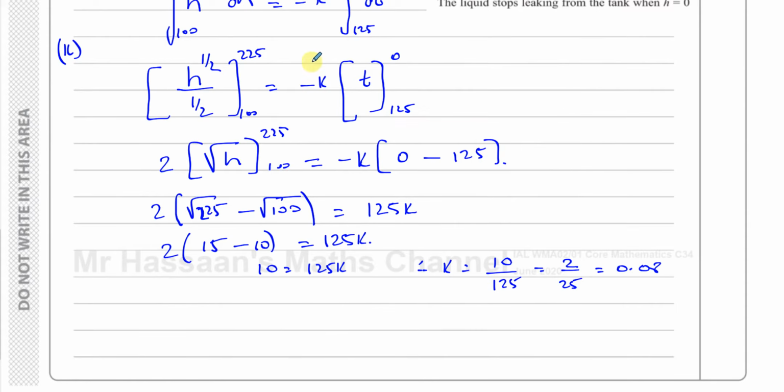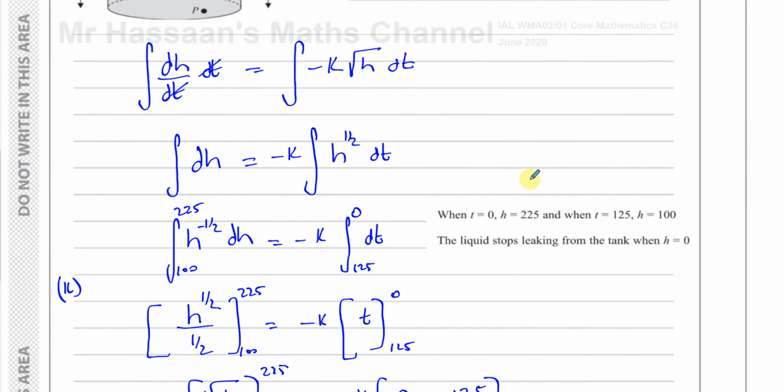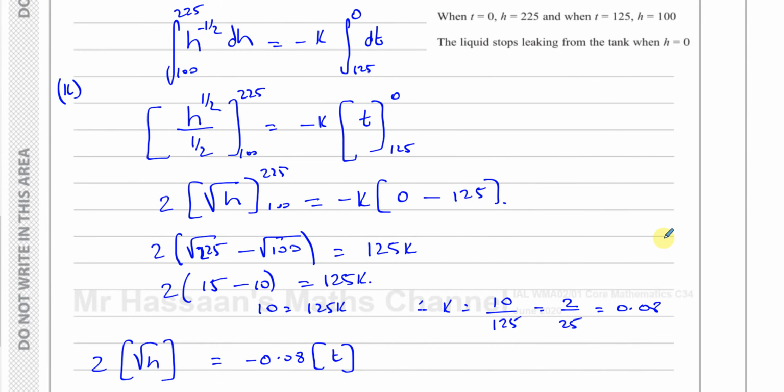What I'm going to do now is go back to the same place here where I put these limits. So I have 2 times the square root of h, equals, now I know what k is, so minus 0.08 times t. But I'm going to put the limits in now so I can find h in terms of t. I could use either of these. So I can put h on top, and t on top, and then I can put, for example, 0 and 225.